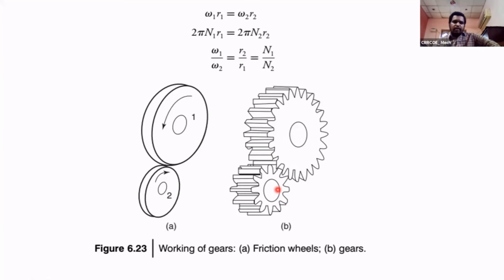And we have a relation between the speed of one gear wheel and the other, which depends on the radius of the wheels. This is the relationship between angular velocity, radius and speed of the gear wheels. You know all these things.